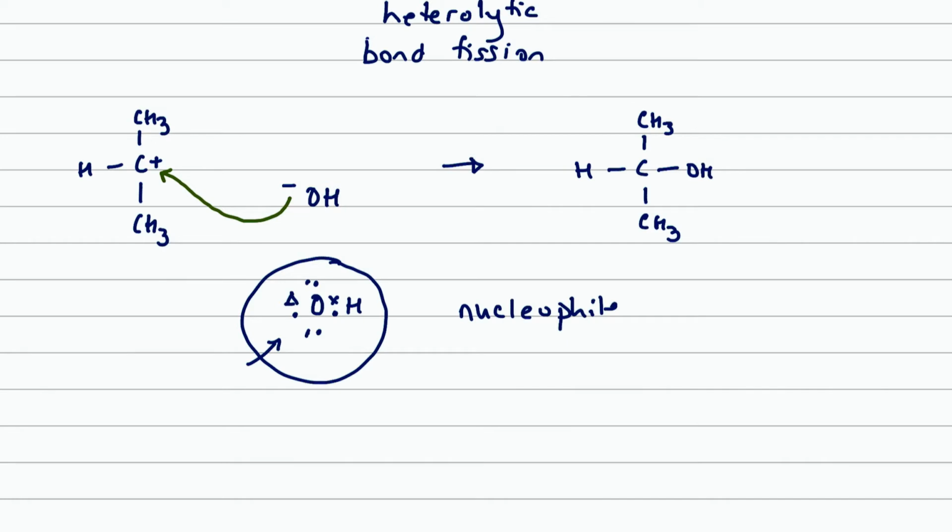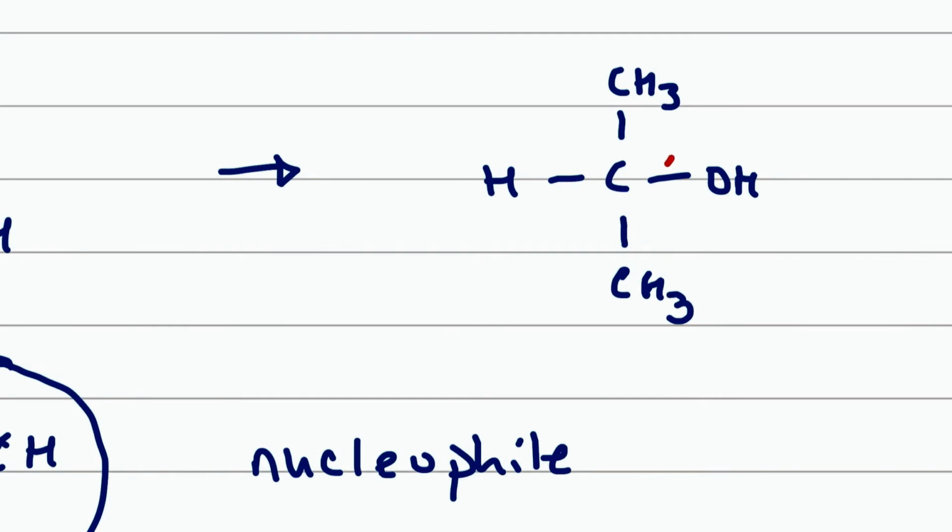And a nucleophile is a negatively charged ion, or perhaps a neutral molecule, that's able to donate a pair of electrons to an electron acceptor. So this positive charge means that this carbon is missing electrons, it's electron deficient, so it can accept a pair of electrons, and we form a new covalent bond between the carbon and the oxygen.